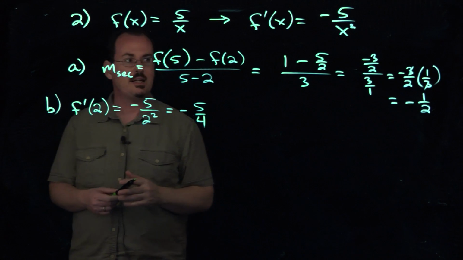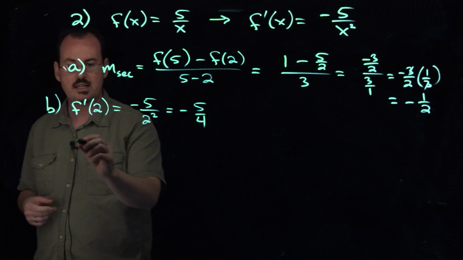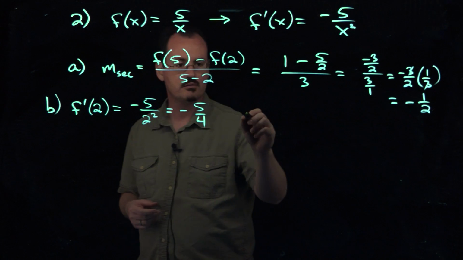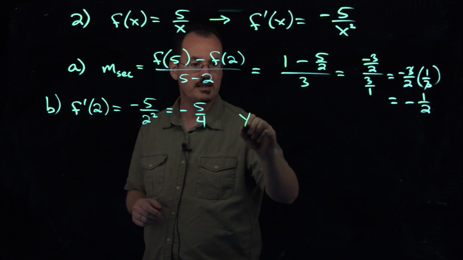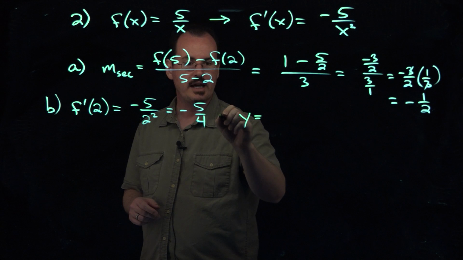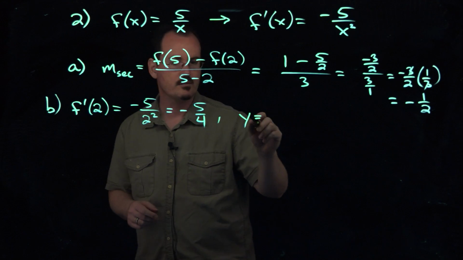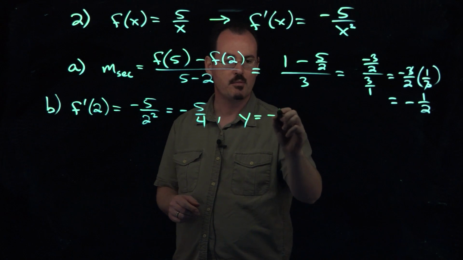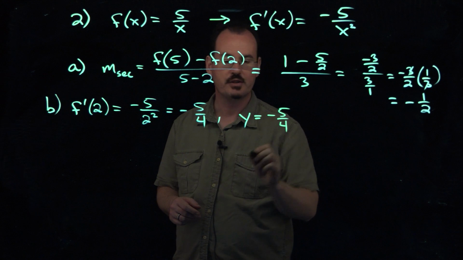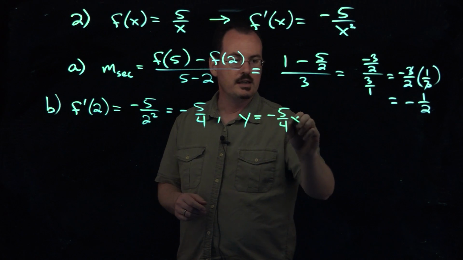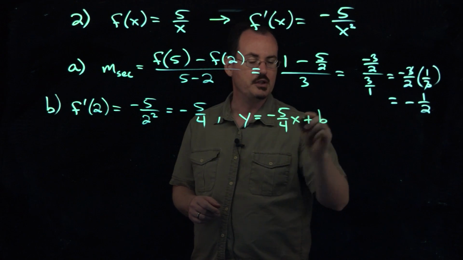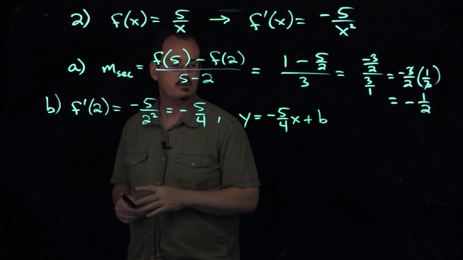Remember that to find the equation of the tangent line now, we have to find the y-intercept of that tangent line. We know that the slope of that tangent line is minus 5/4, because that's what the derivative tells us. And then the only thing we need to do is find b.